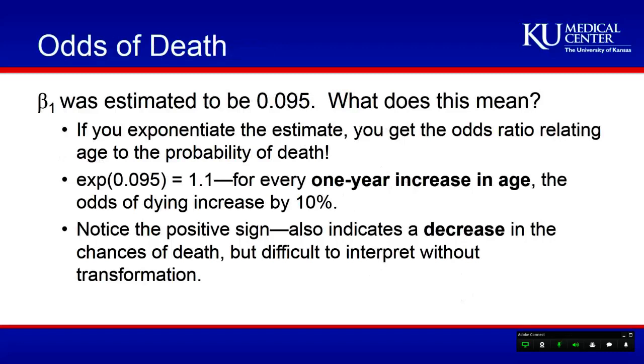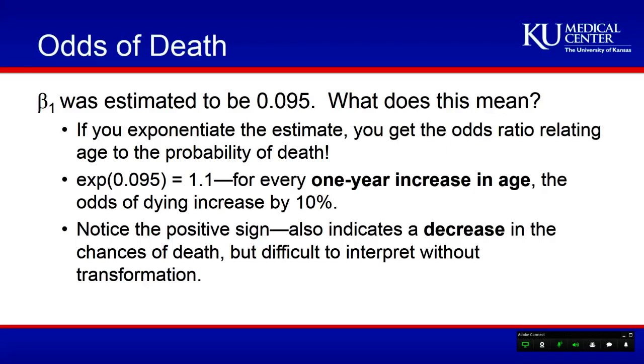And we fit the model and we get estimates of the slope, describing the relationship between age and the left-hand side of that equation. If we exponentiate the value of 0.095, which is what we got for the slope, that tells me how the odds of death are changing for every 1 unit increase in X in this case, just like before in regression.